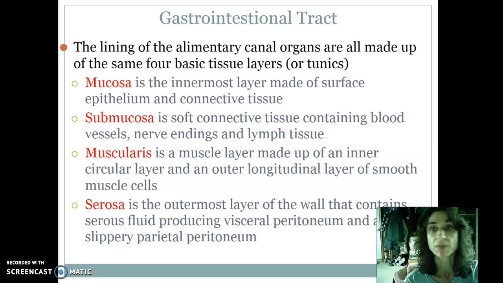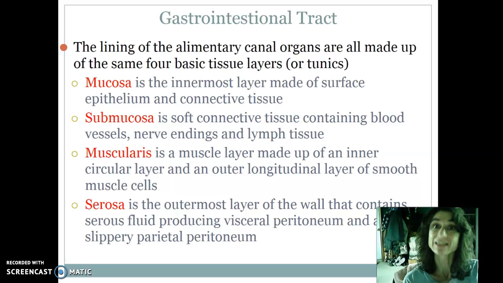This is made up of surface epithelium and connective tissue. The next layer is the submucosa. This also is connective tissue. This section contains blood vessels, nerves, and some lymph tissue. Lymph being part of the immune system.